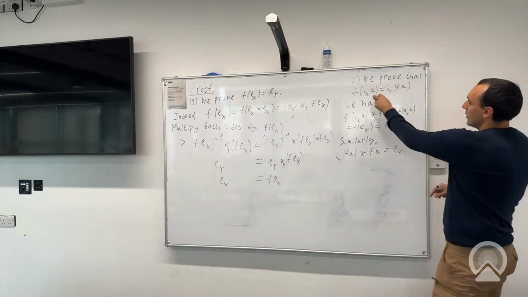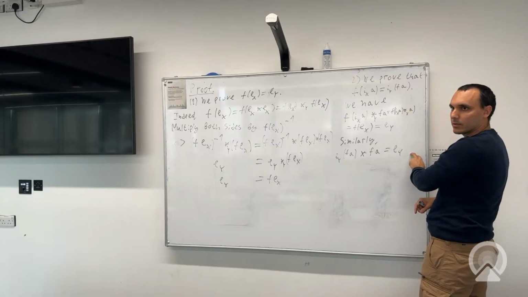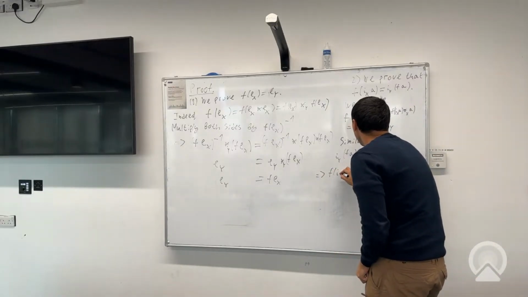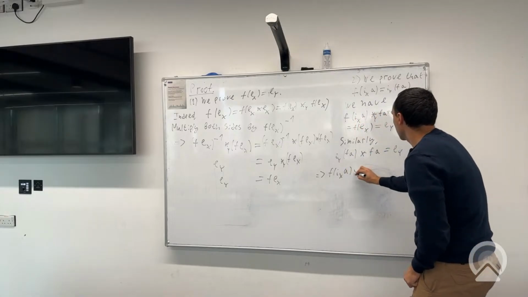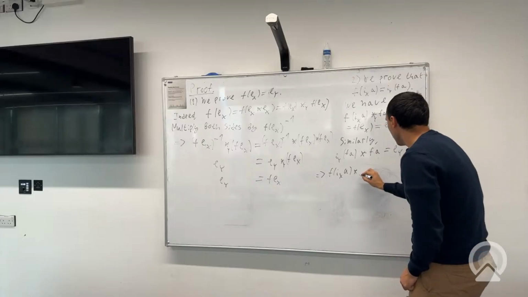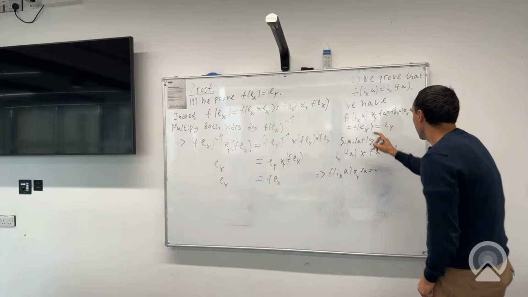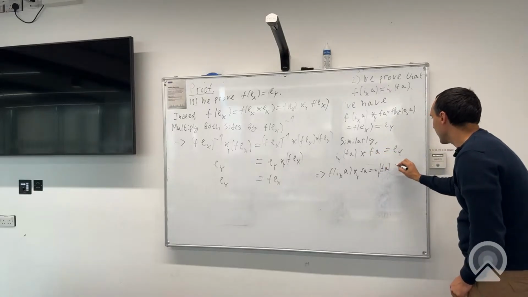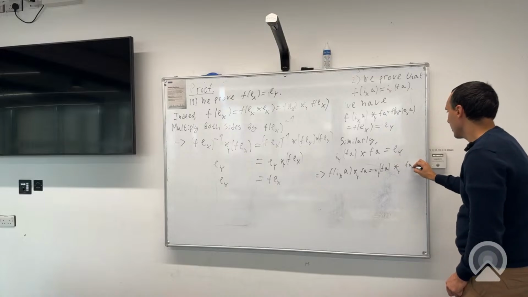So we have that this multiplied by something equals this multiplied by something. So f of a inverse times f of a equals the inverse of f of a multiplied by f of a.